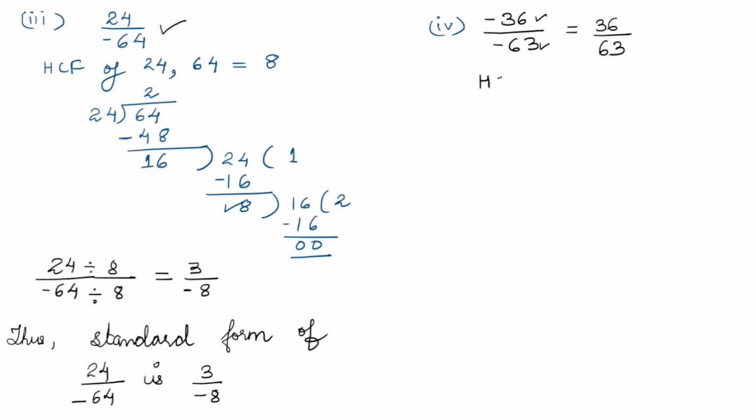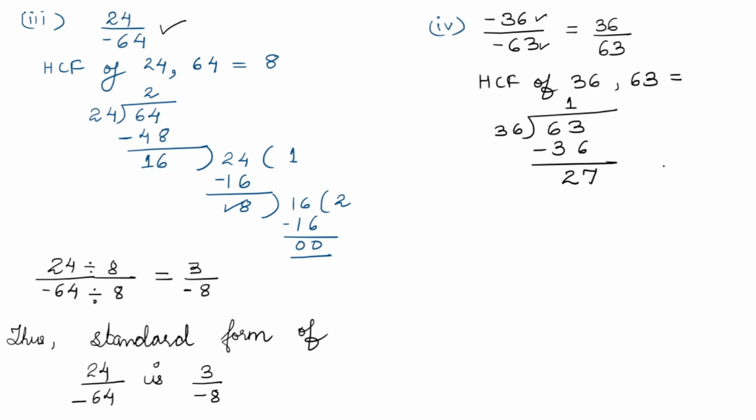And now I will calculate the HCF of 36 and 63. I'll follow again the same division method. So 63 is here, 36 is here. Always keep the larger number as dividend and the smaller number as divisor. So on dividing, you get here 1 time 36. Now you get here 27.